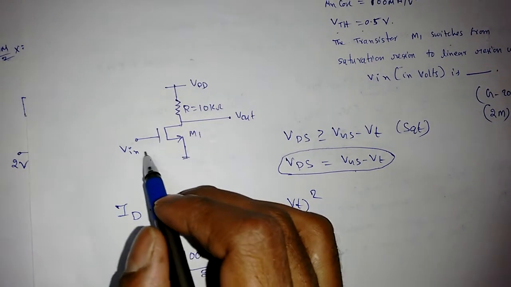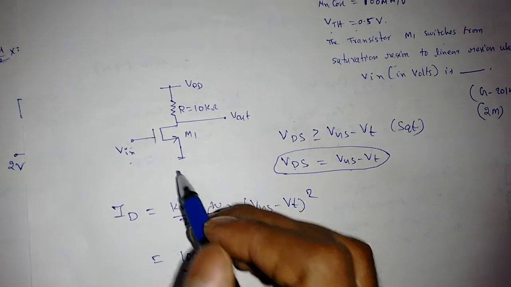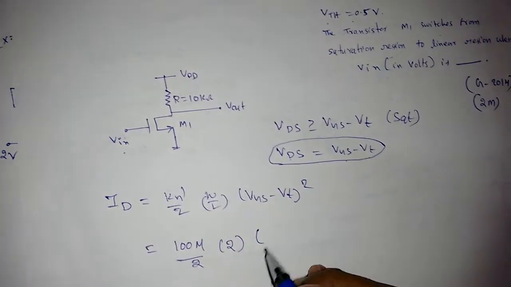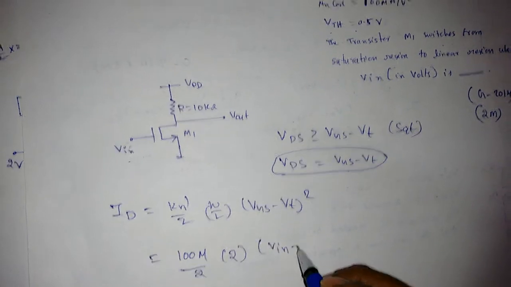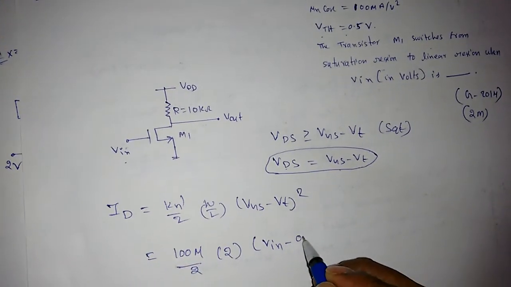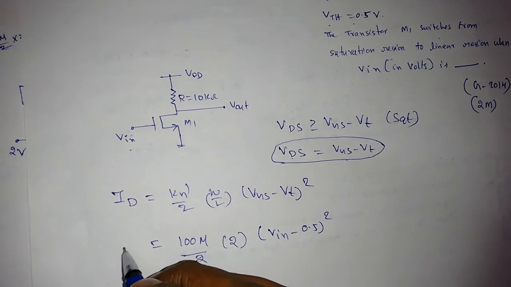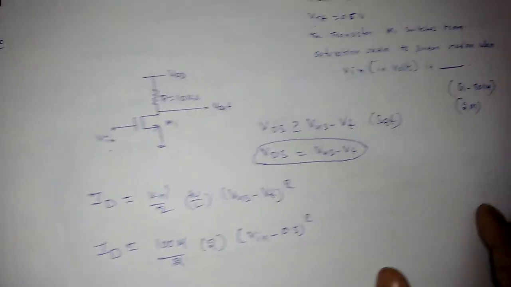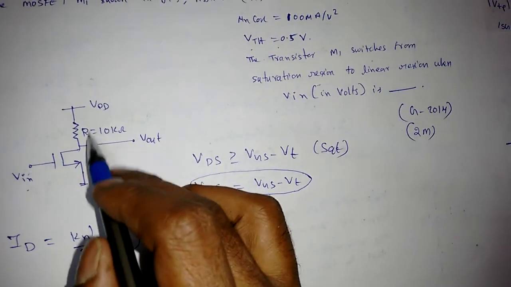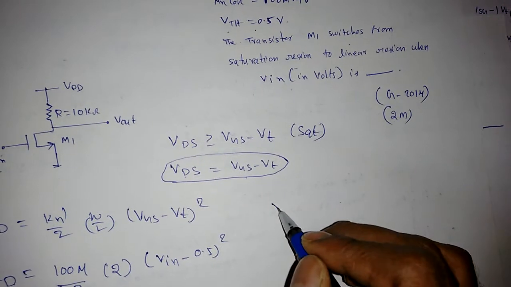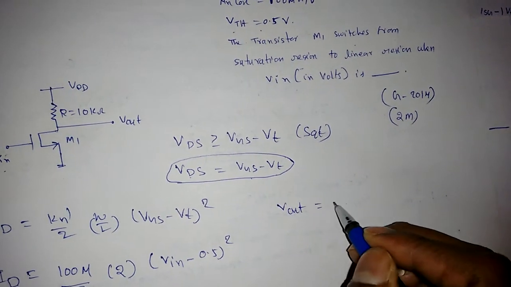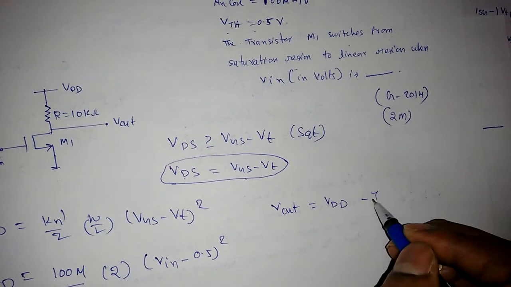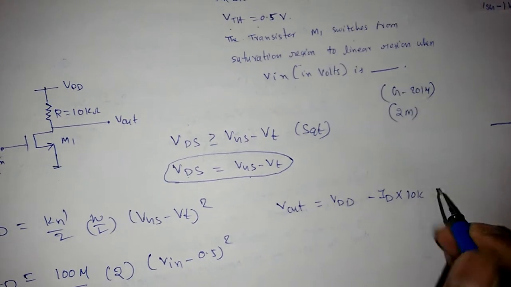VGS is Vin, so it is (Vin minus VT, which is 0.5) whole square. So this is ID. Now from the circuit I can say Vout is equal to VDD minus ID into the 10 kilo ohm.